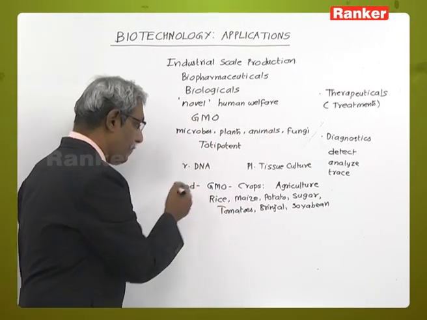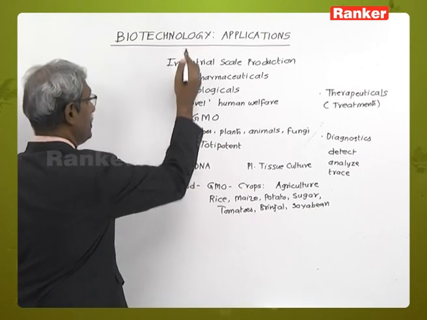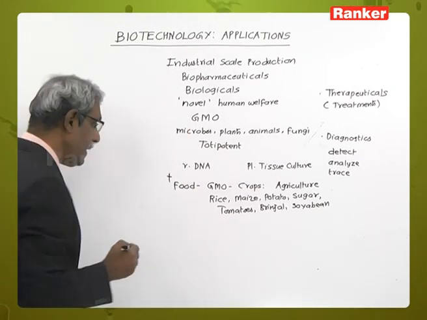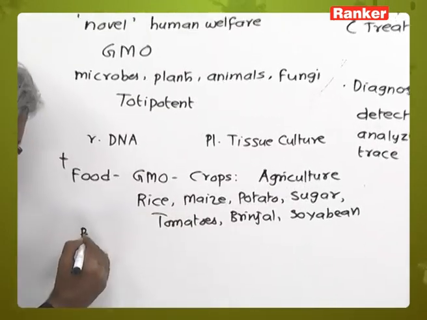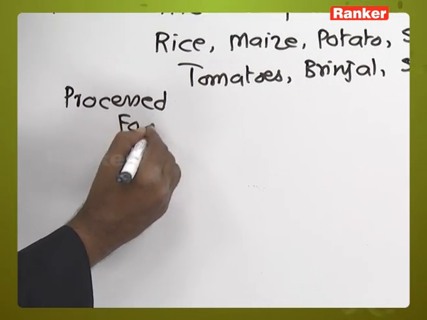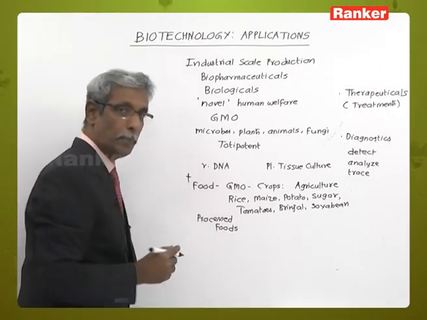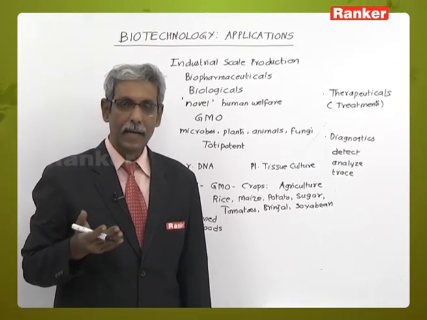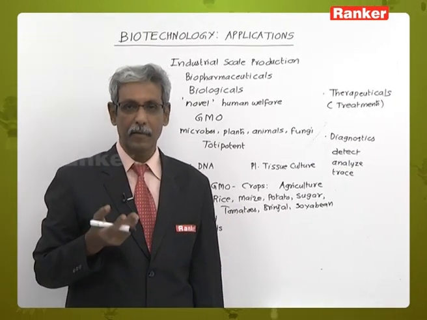So, the application of genetic biotechnology is primarily in the field of food, that is, with relation to crops, and it also has applications in terms of processed foods. Most of the processed foods are derived primarily from genetically modified crops.